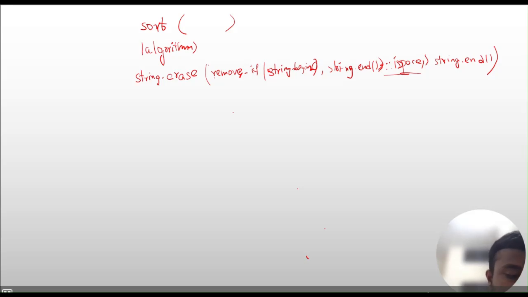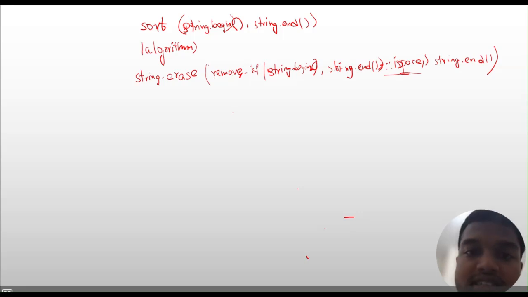Like here, if we write string dot begin, comma, string dot end, and if we swap them, then the order will be changed. The order will be descending.